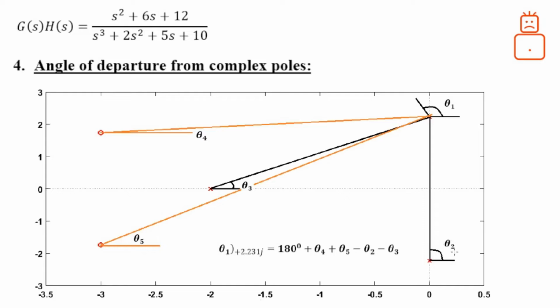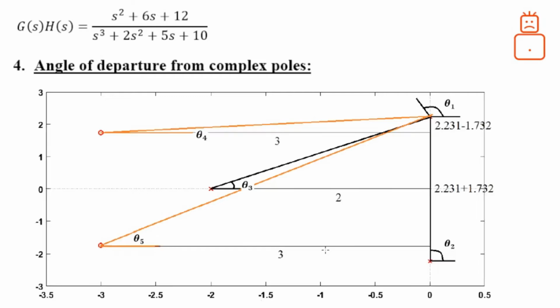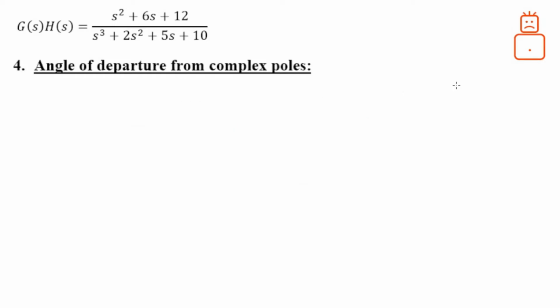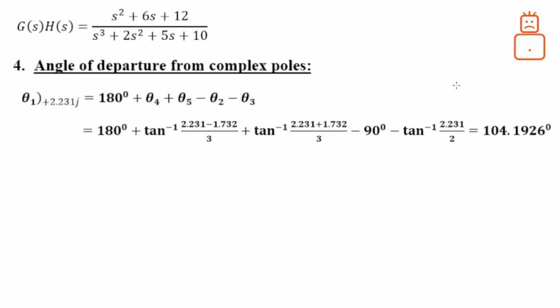We have pole zero θ2 and θ3. These are the values that we can use to compute θ2 through θ5 and then use it to find θ1. The computations are done here.